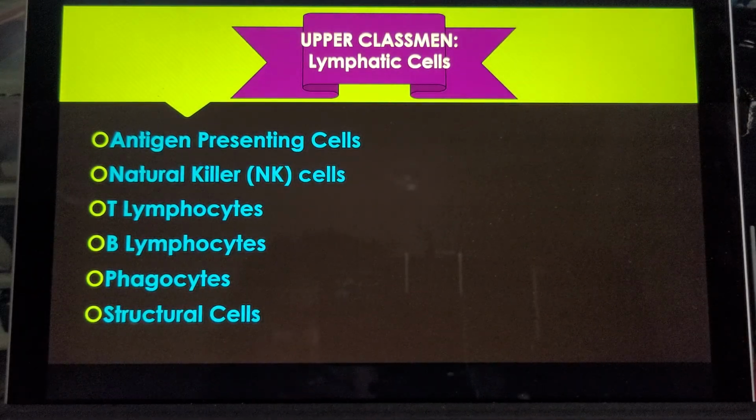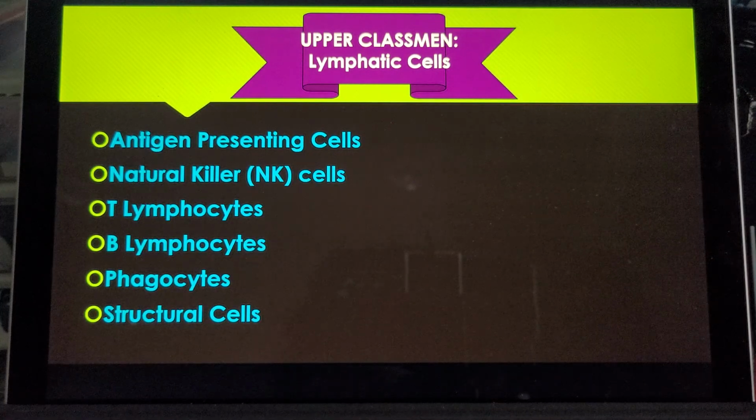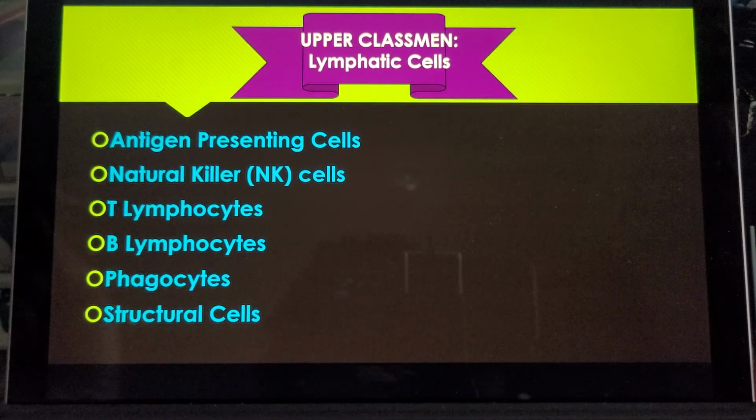So that's also going to neutralize it. But then take a little piece of that and display that foreign antigen onto their surface to alert the immune system, as in, hey, we have a problem. These next three, natural killer, T lymphocytes and B lymphocytes, are our specialized lymphocytes, and they have their own specialized job.